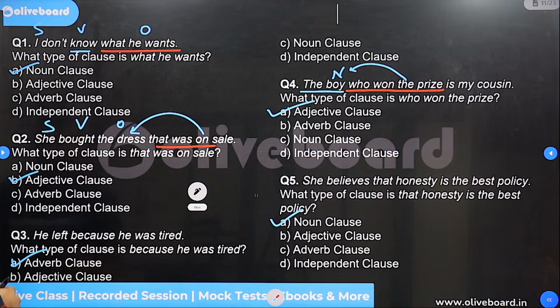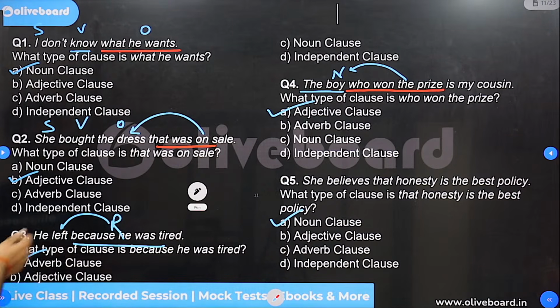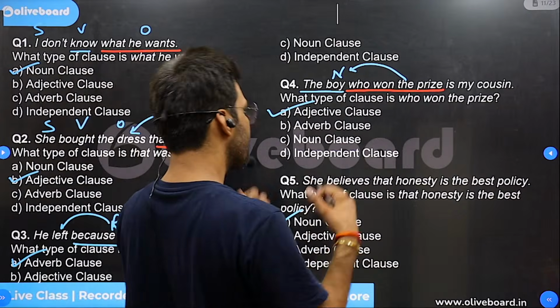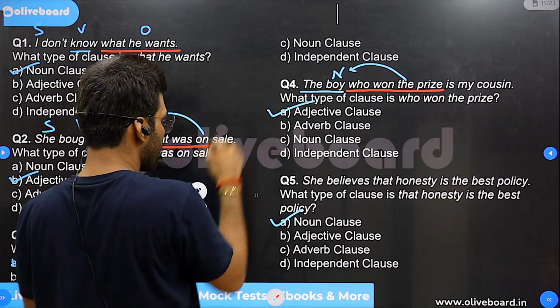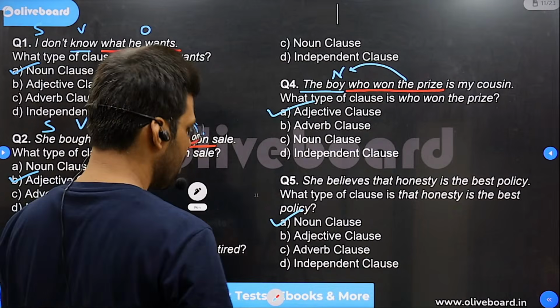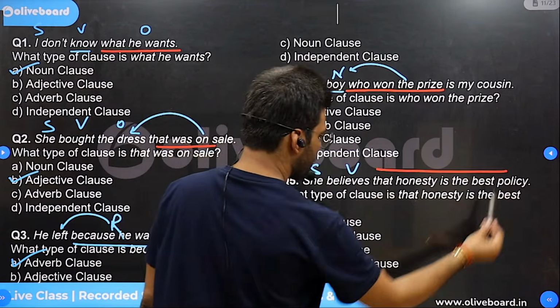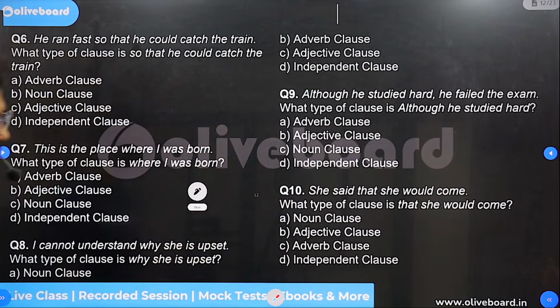He left. Why? Because he was tired. In my words, I would say that's the reason why he left. Adverb clause of reason. Boy is already a noun. You are saying something about the boy. Words which modify a noun are supposed to be adjectives. She, subject, believes, verb, need an object. The object has to be a noun or a pronoun, noun clause. Doubts welcome.